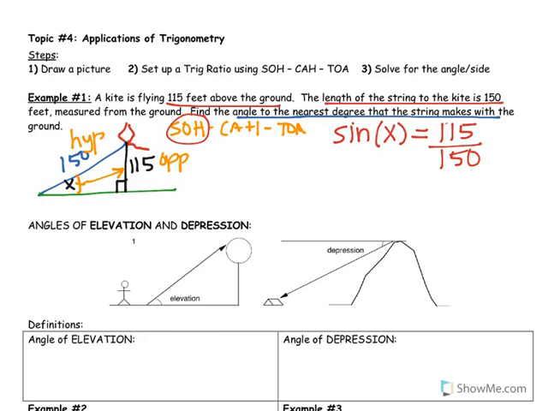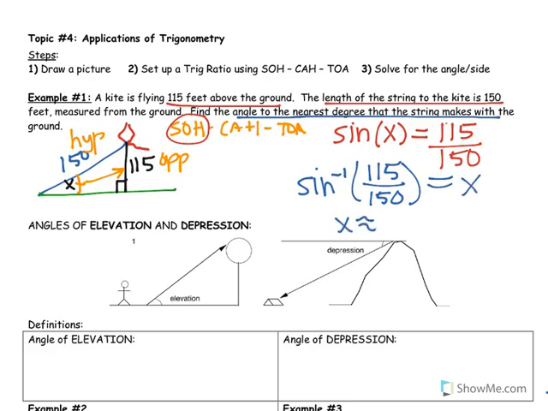And now this is what I was talking about in topic 3, where you have to think, okay, I'm solving for a missing angle. That means I want to use my inverse trig, right? So I'm going to say sine inverse. In an inverse trig, I input the ratio, so 115 over 150, and that will give me the angle.